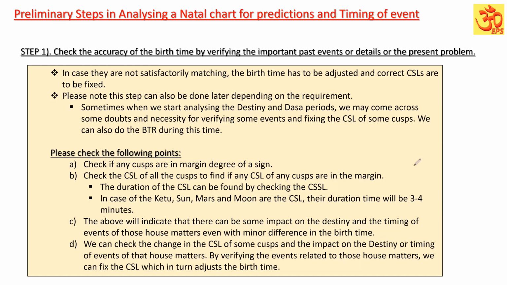Correct? Suppose the primary cuspal sublord, the seventh cuspal sublord, is Sun. In this example, if the birth time is a little different, that Sun can change to Venus. Suppose with a 2 minute reduction, the seventh sublord becomes Venus. Sun will give some destiny for marriage prospects, and similarly Venus will give a different destiny.